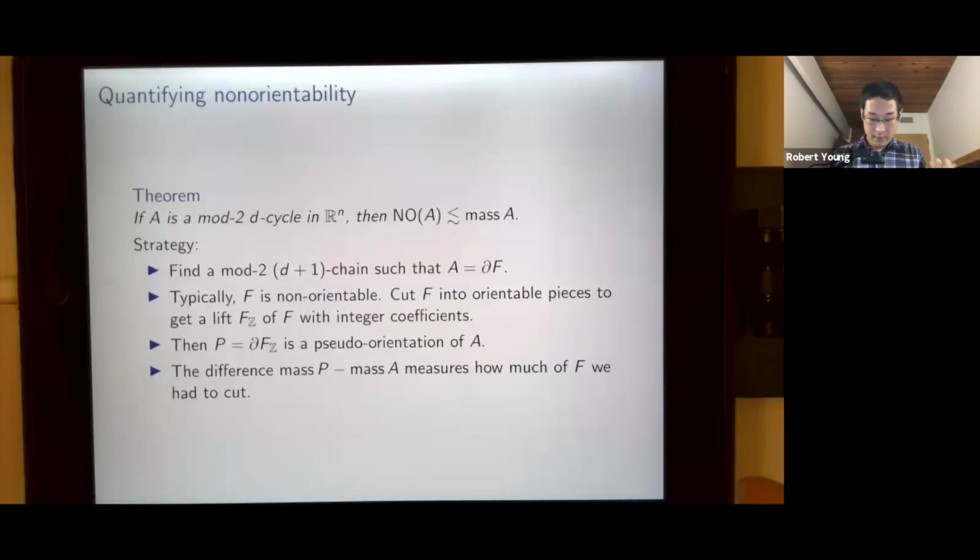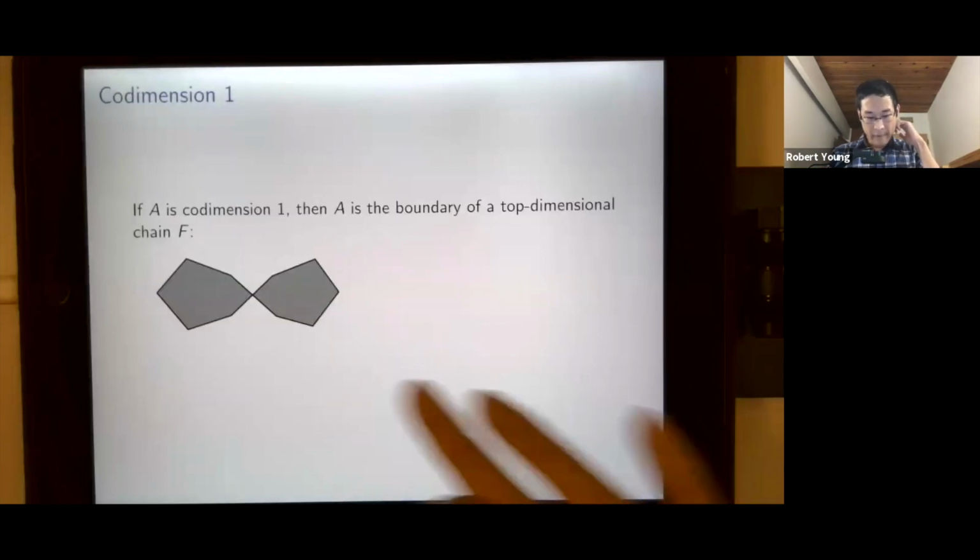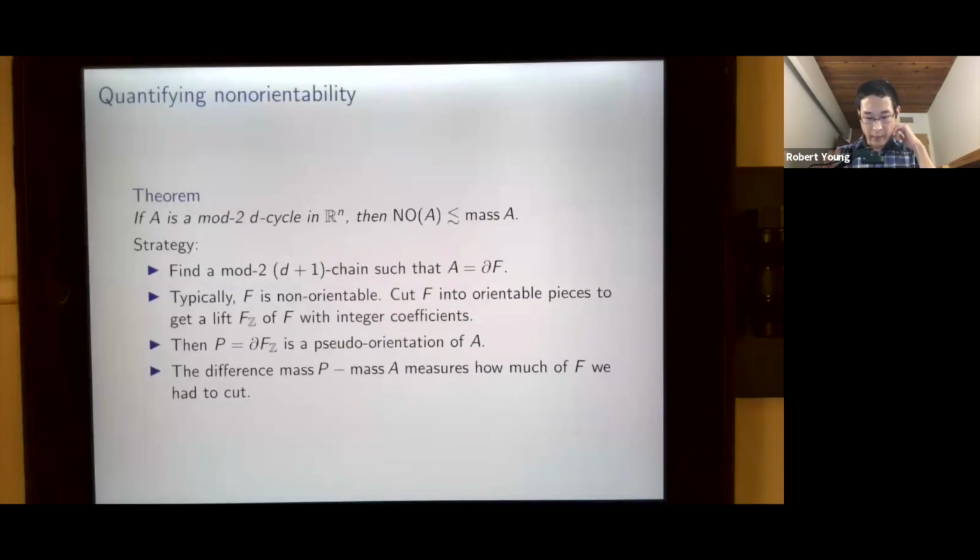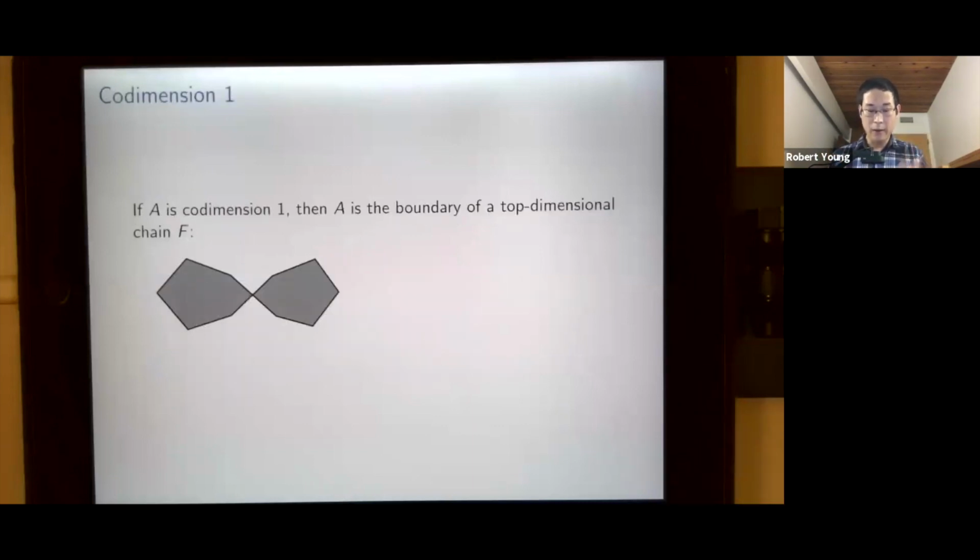So again, let me start by showing you an example of how this works. Before, the easiest example was dimension 0. Here, the easiest example is codimension 1, because if you have a cycle that's codimension 1, then it's the boundary of something top dimensional.